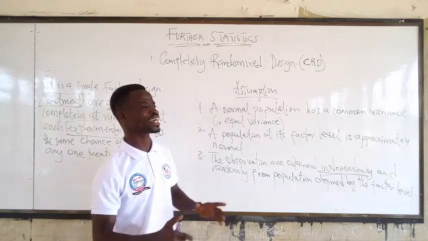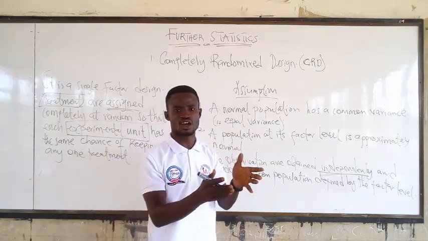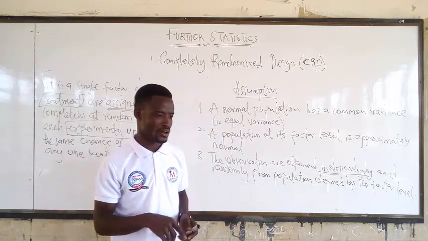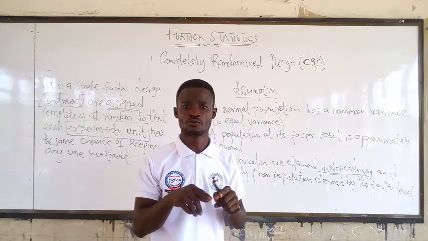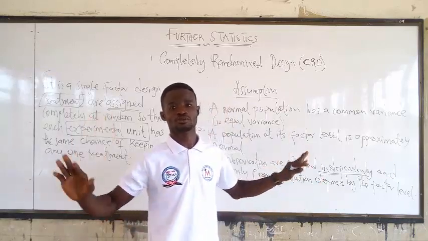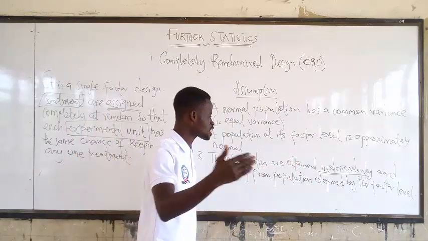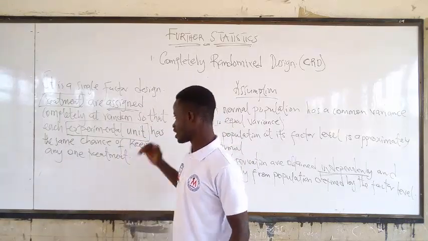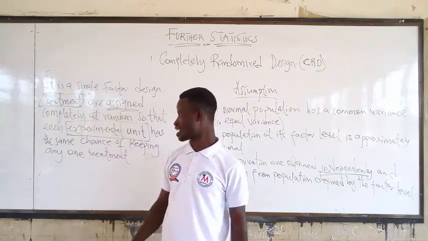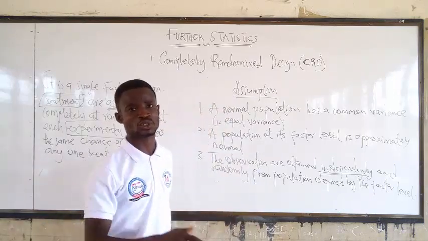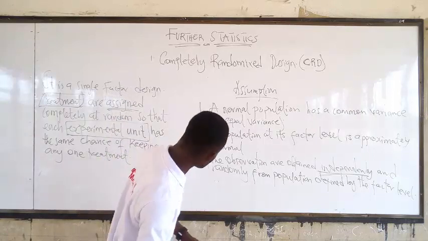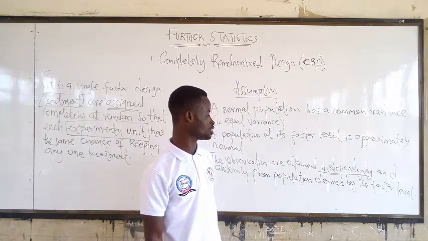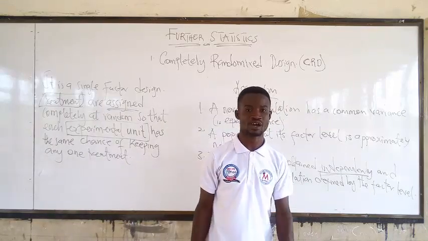It's not going to be the case that you are going to share the cookies or the pie in something like 2 for 1. No, each experimental unit will receive his share, the same chance of keeping any one of the treatments, randomly from the population defined by the factor level.